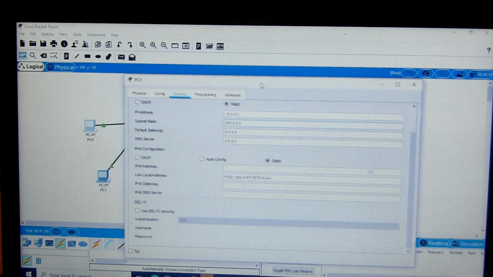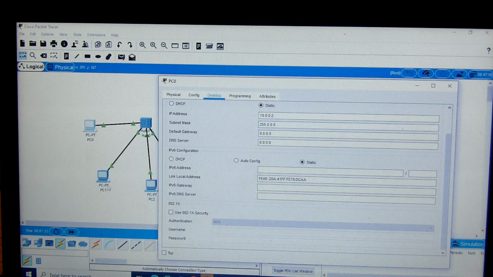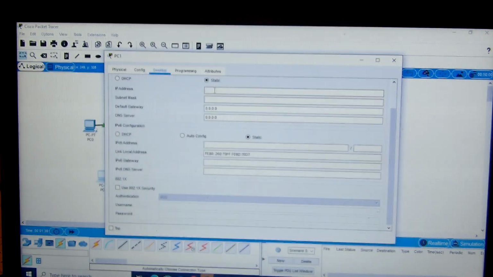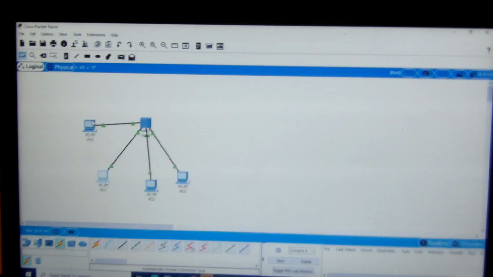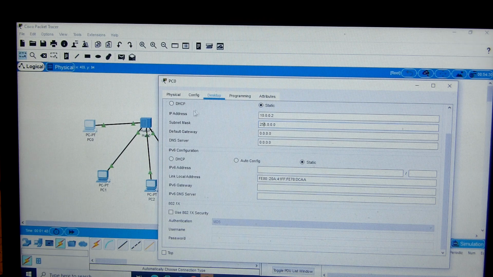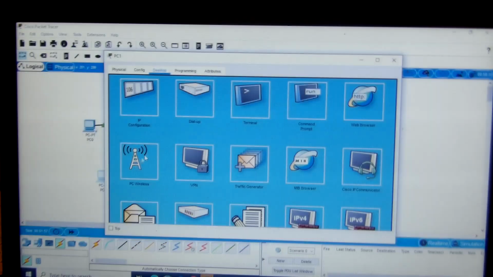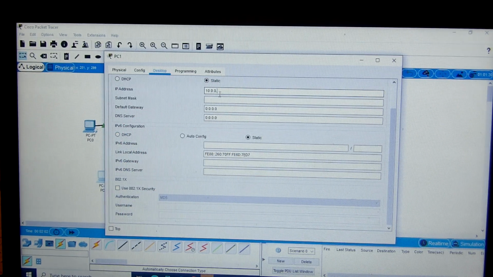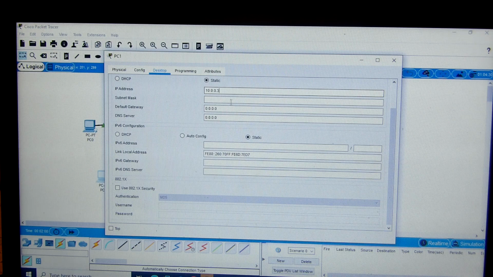And then for the other computer, this one, we make it 10.0.0.3, and it's right, the subnet mask.